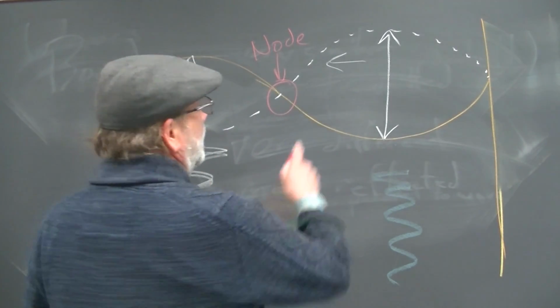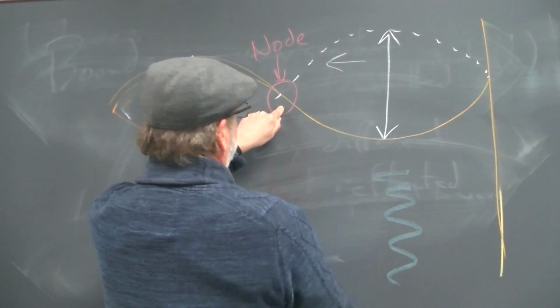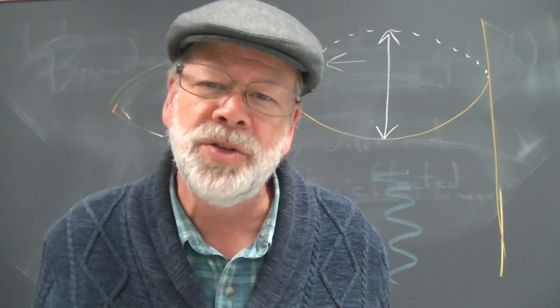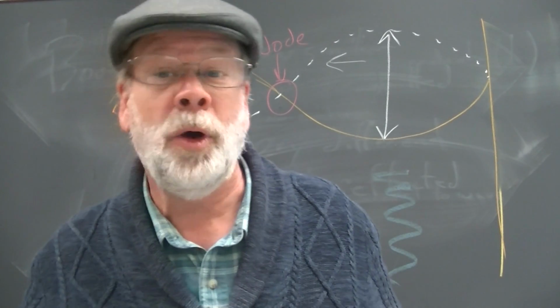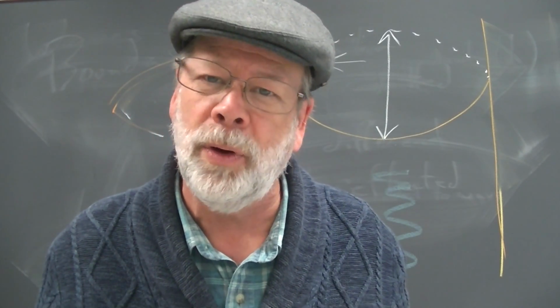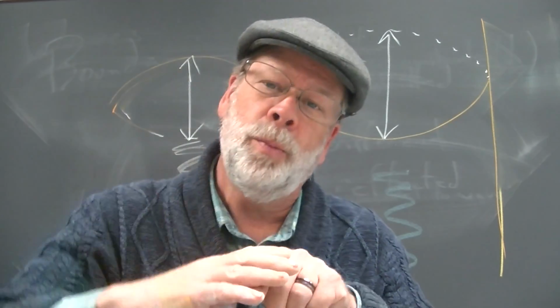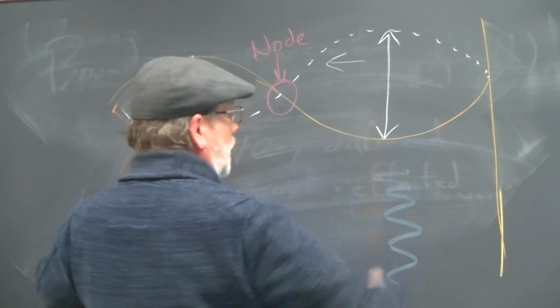Because this up wave is meeting the down wave, and the up meeting the down cancels the wave out completely. So the node has no motion, even though waves are passing right through it. But right at the nodal point, you have an up and a down perfectly canceling. And then the wave moves on, and you have this up and down thing.